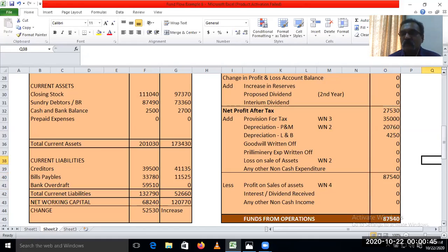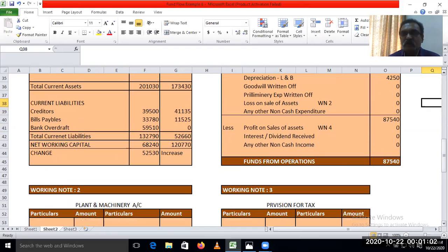So total, you just check out this 4,250 was not there in the formula because only one amount we used to write on depreciation, so that's why this difference is there. You just ignore it. You just take the manual total of all these items. That comes to 87,540. Nothing is to be deducted from this amount.